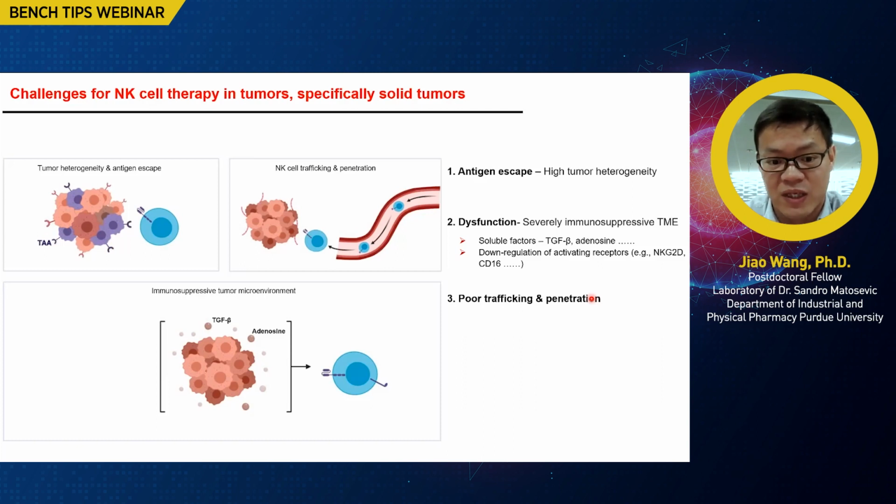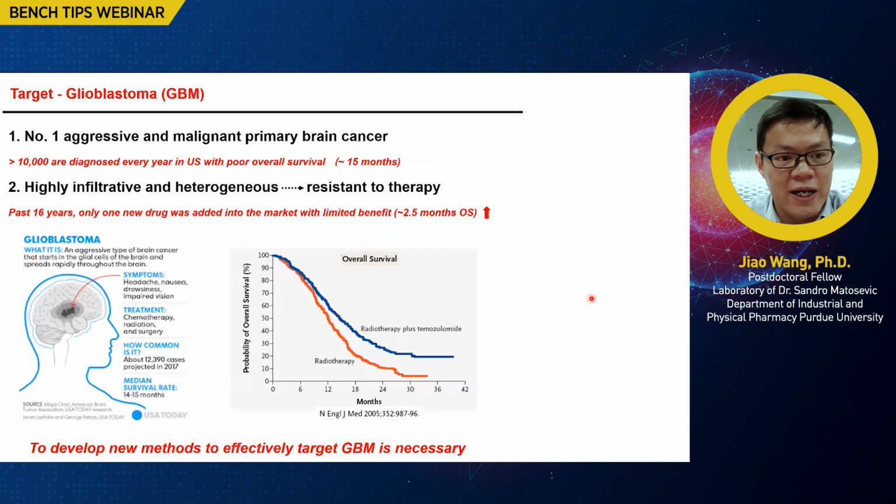Due to the specific tumor size. So here, what we try to target is a solid tumor called glioblastoma, briefly called GBM. It is the number one aggressive and malignant primary brain cancer. It is also highly infiltrative and heterogeneous, which makes it very resistant to different therapies.